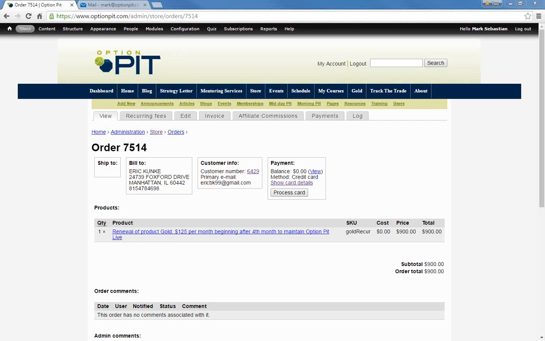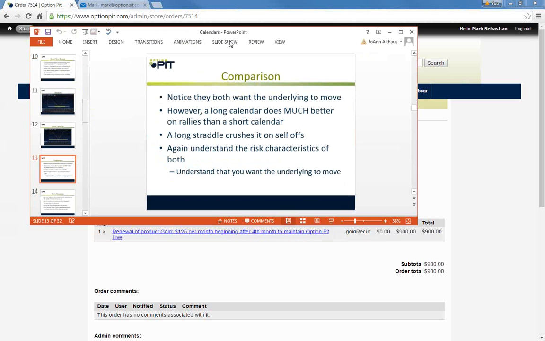So let me just rewrite this for you guys. A short calendar does much better on rallies than a long straddle. I don't want anybody to be confused.